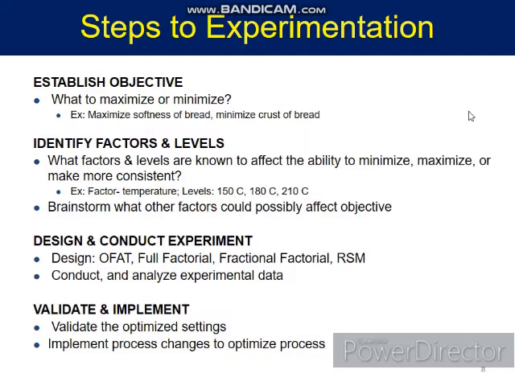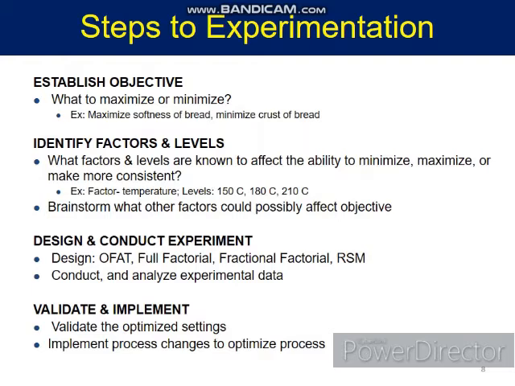Okay, let's look at the steps to experimentation. So these are the steps that you need to do before you can conduct the experiment. The first step that you need to do is to establish the objective. The objective of the research, the objective of the experimentation, must be very, very clear to you. What do you want to maximize or minimize during the experiment?